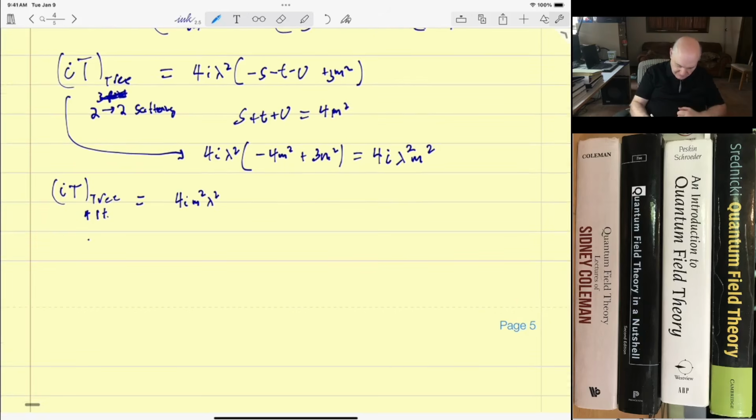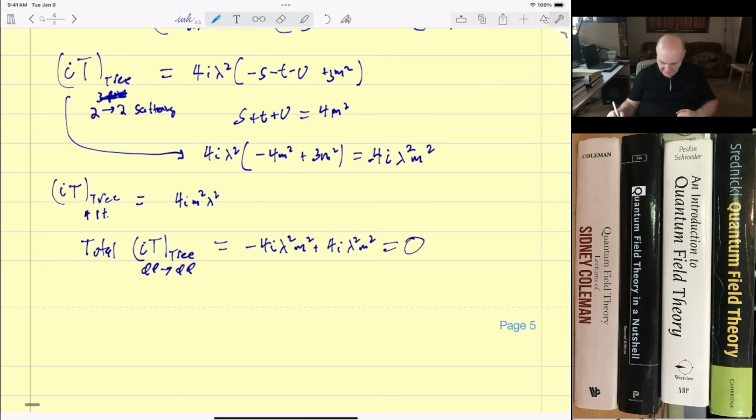So the total transition amplitude tree phi goes to phi is equal to, it's a minus sign here. Let me make sure I got that typo fixed. Okay, it's equal to minus 4I lambda squared m squared plus 4I lambda squared m squared, which is equal to 0. So that's what we wanted to show.